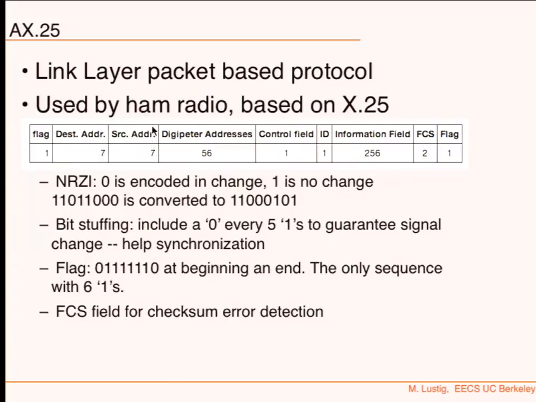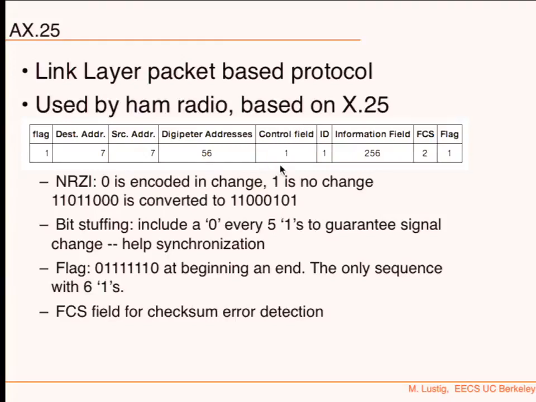Source address is your call sign. Digipeater addresses tell you basically how your packet should be repeated, and whether it's going to be repeated once or maybe twice the maximum or 3 times the maximum, and that would determine how far it's going to get from you while it's passing through repeaters. I'll explain this a little bit later.